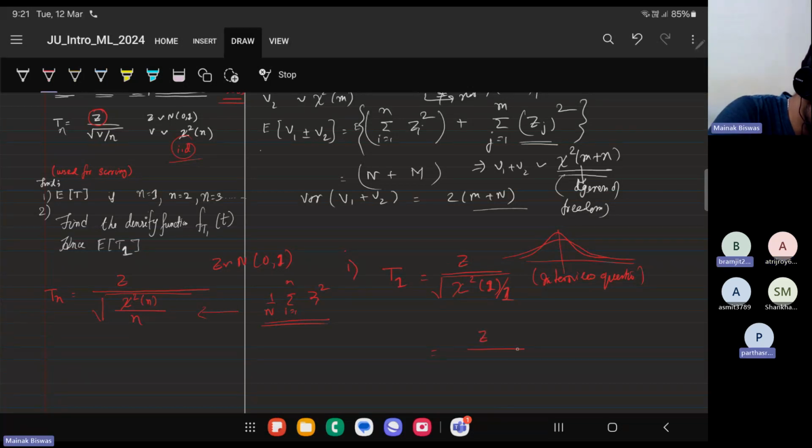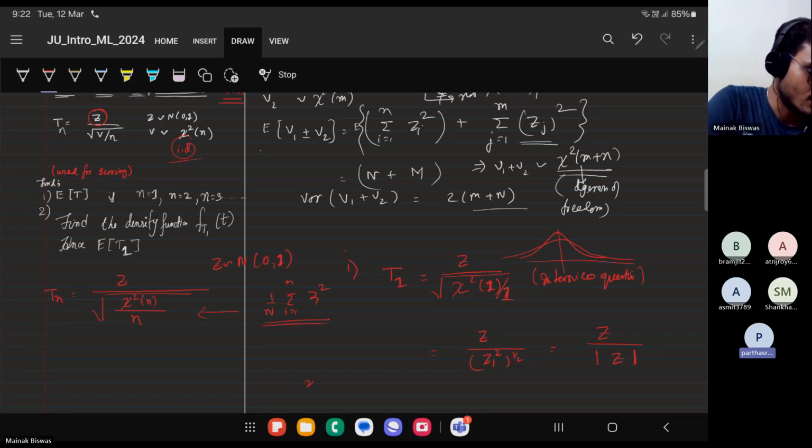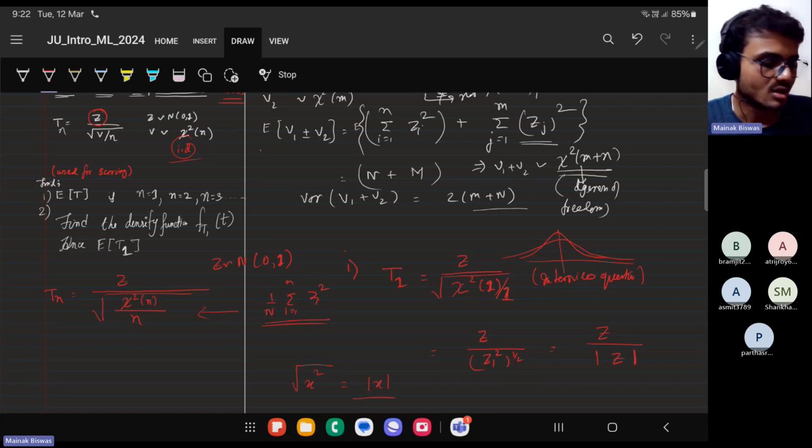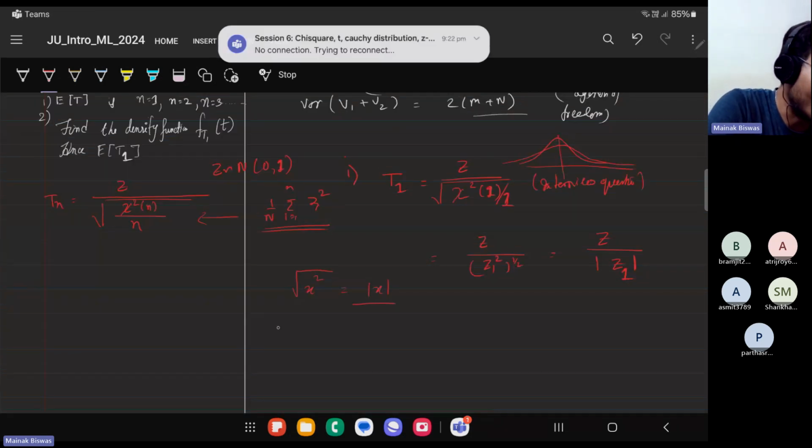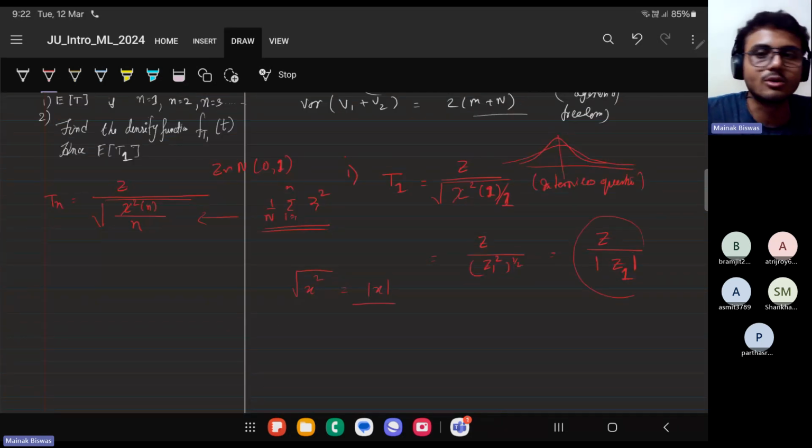It is Z1, some normal distribution, squared, and you take the square root. What is the square root of the square of a number? The mod of that number, the absolute value. The square root of x squared is the absolute value of x. So this is not Z but Z1, and we have to find the distribution of Z by mod Z1. Z and Z1 are different distributions, so they don't cancel.